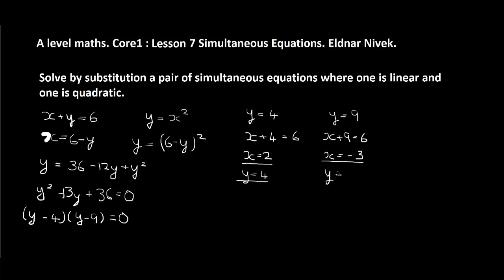So that solution is y equals 9 and x equals minus 3. So there are 2 points of intersection, one at x equals 2 and y equals 4, one at x equals minus 3 and y equals 9. We can guess what it looks like. There's the quadratic and there's a linear, and there are the 2 solutions, one there and one there.